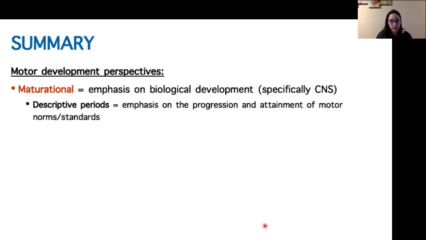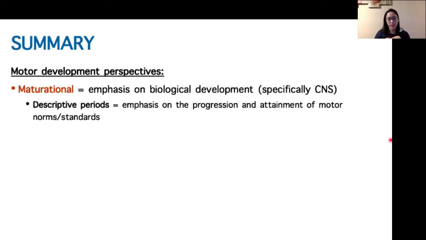In summary, there are three predominant perspectives of motor development. So we have our maturational perspective, which has an emphasis on biological factors being the driving force of development, with specific emphasis on the central nervous system.